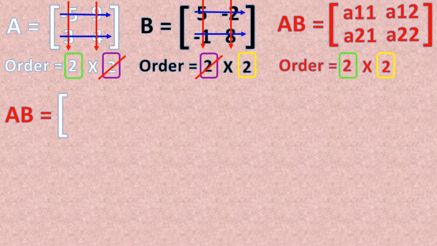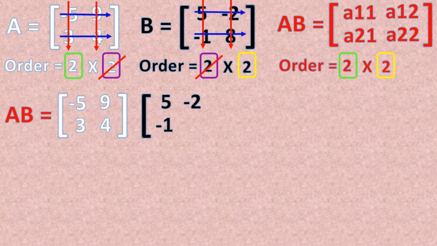AB is equal to matrix A multiplied by matrix B. That means matrix A, -5, 9, 3, 4, and matrix B, which we write beside it, 5, -2, -1 and 8. Second matrix is also complete.